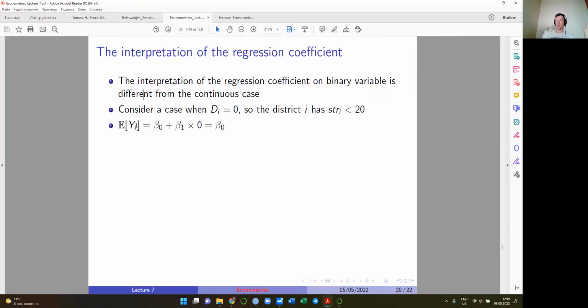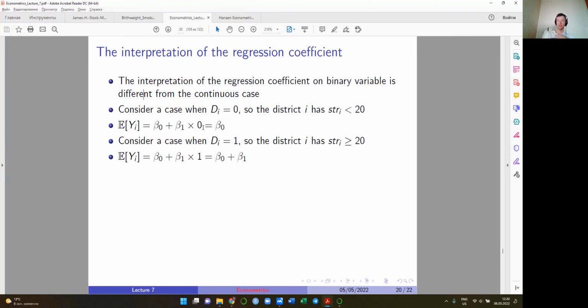Technically I'm not fully precise with this formula. I must write the conditional expectation, right? It must be the conditional expected y given d equals 0. It's not an unconditional expectation, but please forgive me for this small impreciseness. So if d is 1 and a district has small classes, then we plug 1 in place of d and we have the expectation of y for small classes being beta 0 plus beta 1.